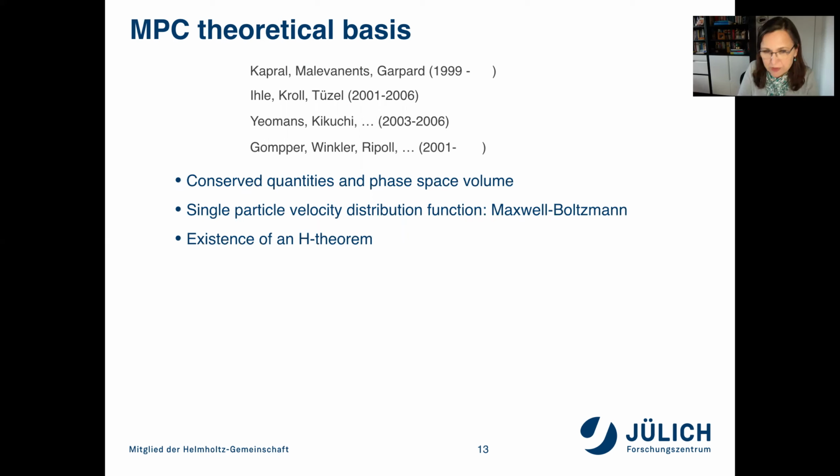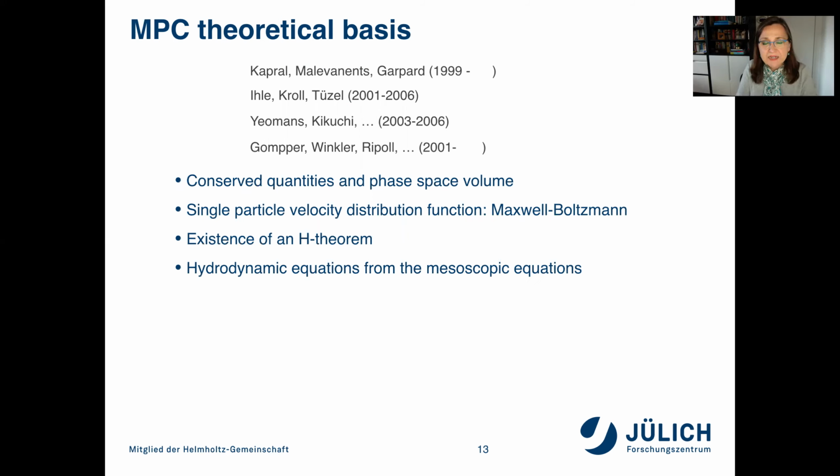You have, for example, an H theorem, and it can be checked that the hydrodynamic equations for fluids, Navier-Stokes namely, are reproduced by this system. You can calculate the transport properties as a function of the system parameters, which we will see right now.